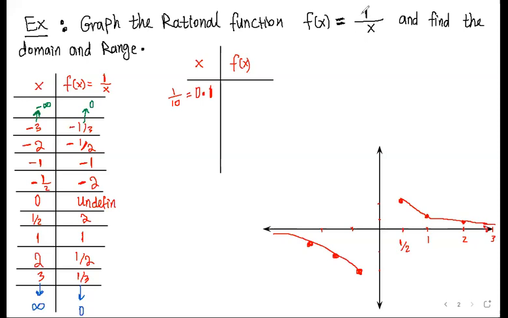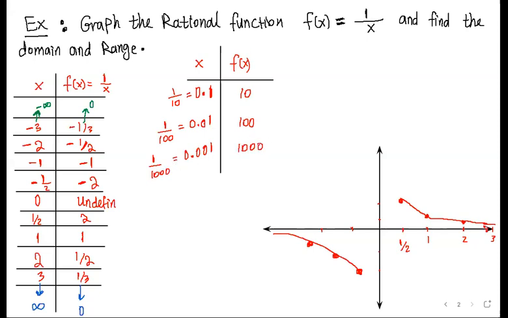When I plug 1 over 10 in, they give me 10. Same thing if I plug in 0.01, which is 1 over 100. When I plug 1 over 100 in, it gives me 100. So look, again, smaller and smaller becomes bigger and bigger. 0.001 is 1 over 1000, and it gives me 1000 here.